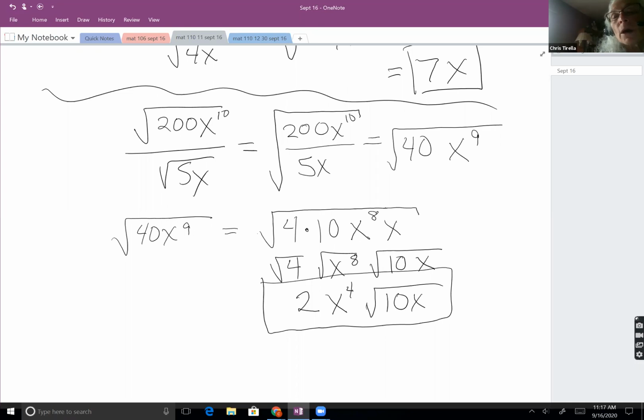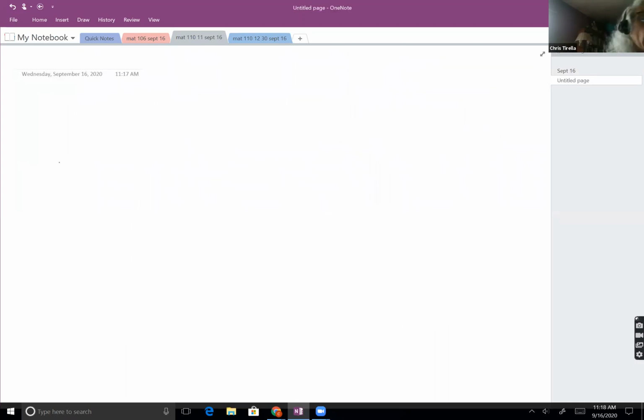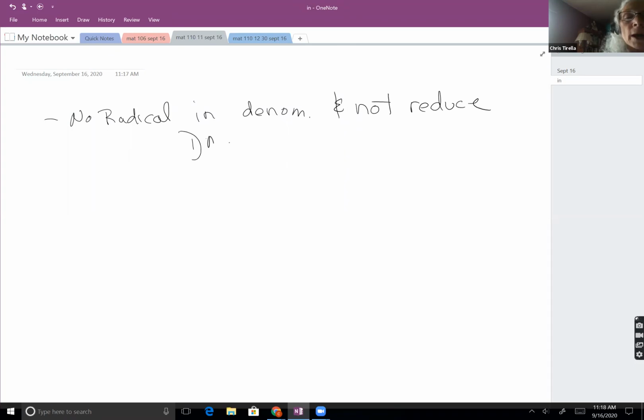Then, also in rationalizing the denominator, if there is no radical in the denominator and the fraction does not reduce, what we do is we're going to multiply both the numerator and the denominator by the radicand in the denominator.